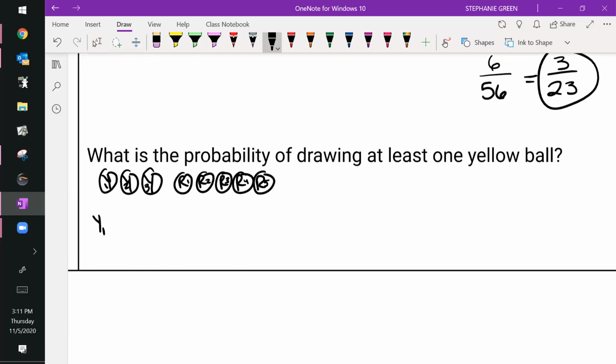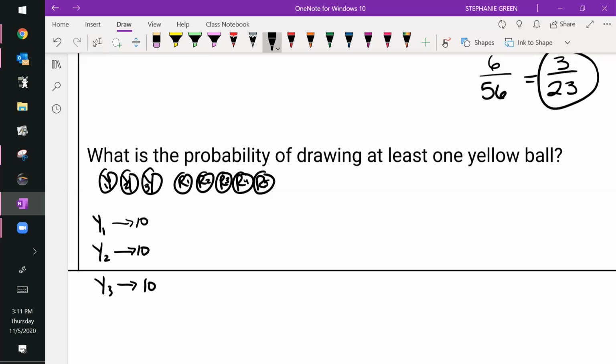So that's 10 possibilities with yellow 1: yellow 1, red 1; yellow 1, red 2; and so on, and then the opposite order, red 1, yellow 1, and so on. And the same thing for the other yellows. Yellow 2 has 10 possibilities, and yellow 3 has 10 possibilities, paired with each of the 5 reds in either order.